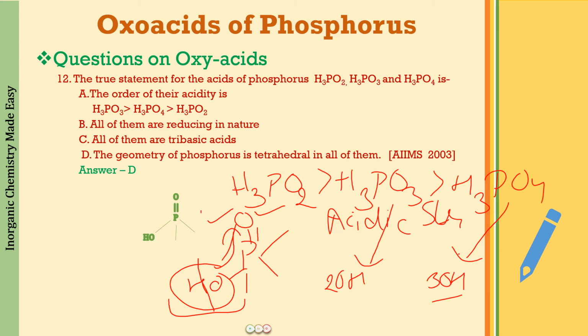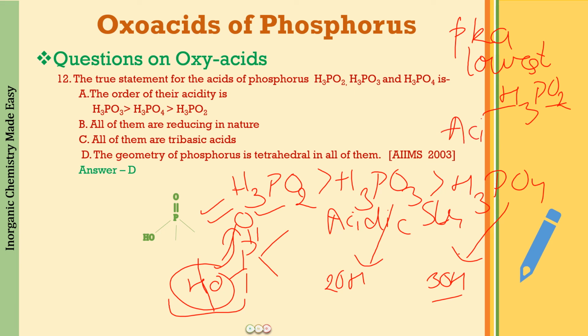So we find that H3PO2 is more acidic, or you can say it has more acidic strength than H3PO3 and H3PO4, which we can confirm experimentally by the pKa values of these acids. What we find is that the pKa value out of all these three is lowest for H3PO2, and this shows that this is the strongest of all of these.